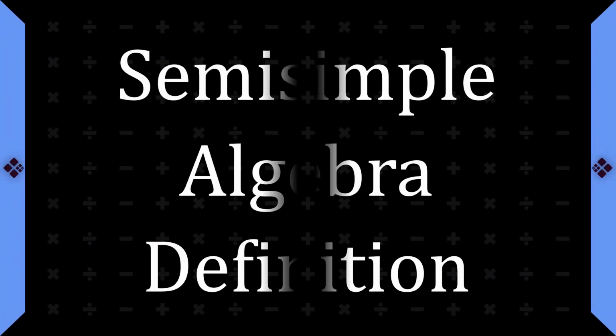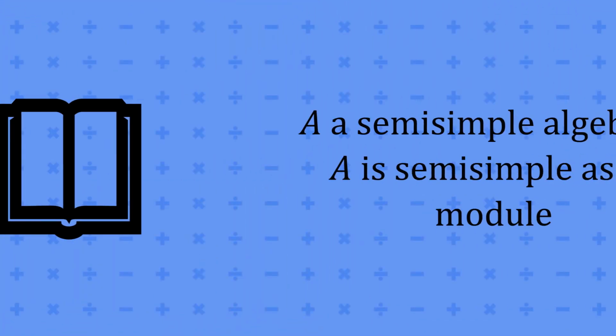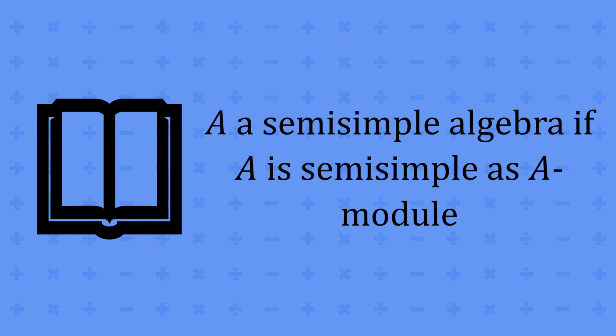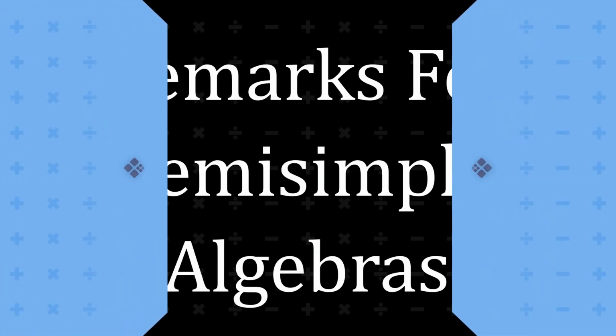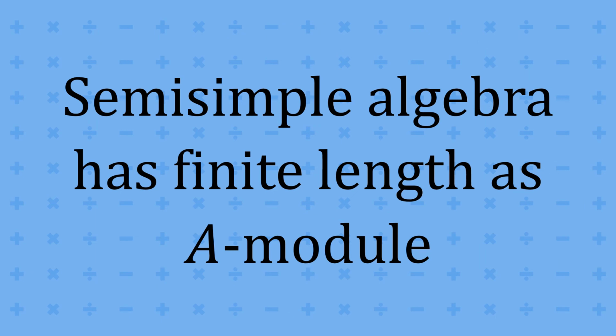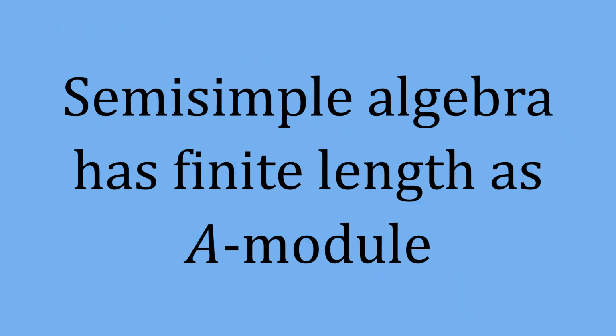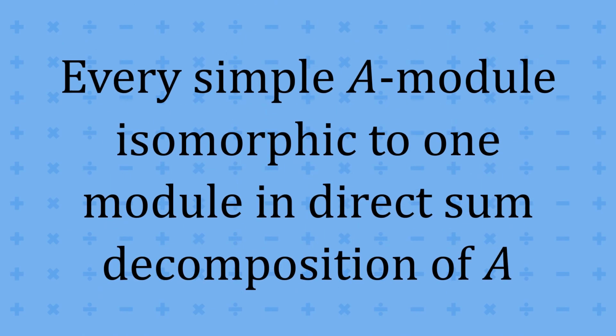Now, we're going to move on to discuss semi-simple algebras. So, let's define a semi-simple algebra. We say A is a semi-simple algebra if A is semi-simple as the regular A module. Now, let's give some remarks for semi-simple algebras. First, a semi-simple algebra has finite length as an A module.